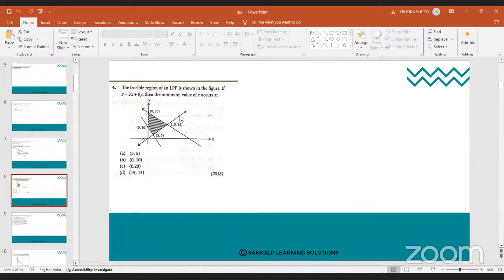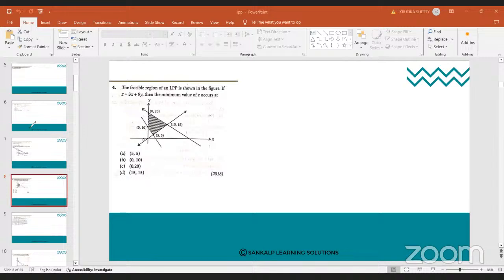In the fourth question, what's been given? The feasible region of the LPP is shown in the following figure. Z is equal to 3x plus 9y. Then find the minimum value of Z. Here they have again plotted a graph, and the solution region is present in the first quadrant.